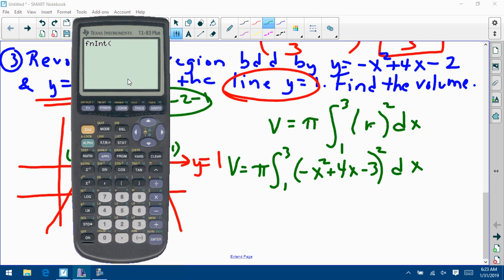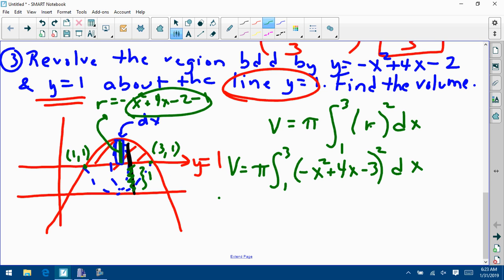This is the old calculator, so it starts with, oops, I need a parenthesis here, negative x squared plus 4x minus 3, all that squared, comma x, comma 1, comma 3, and what do we get? Does that math fract anything nice? It sure does, 16/15. So the volume is pi times 16/15, which means my answer is 16 pi over 15.